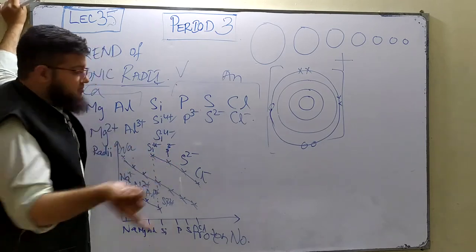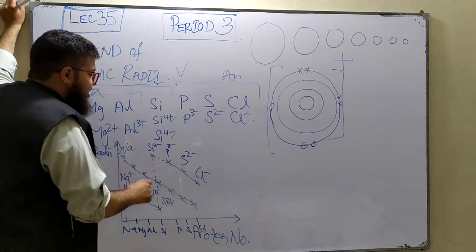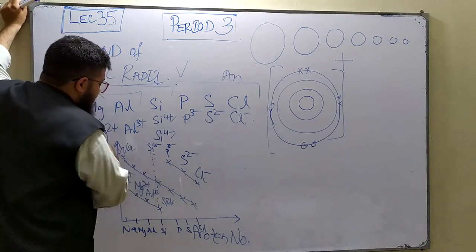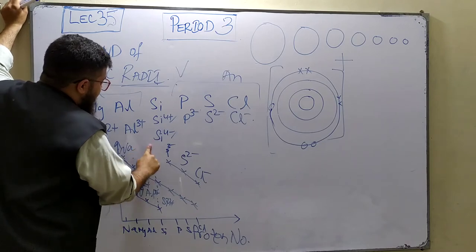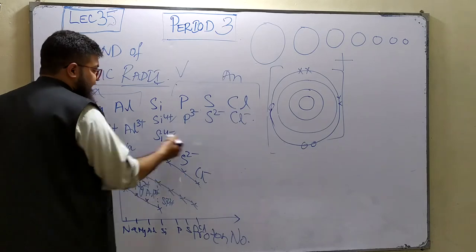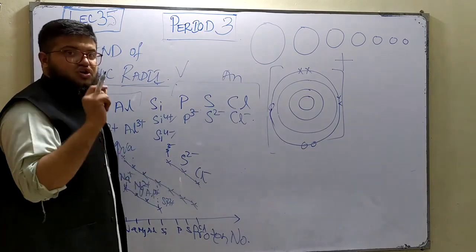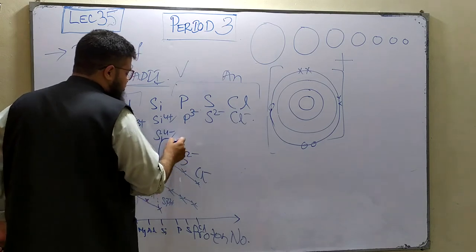Now on your exams, the examiner usually ignores silicon and asks which of these elements will have the largest radius. Which of the anions will have the largest radius?